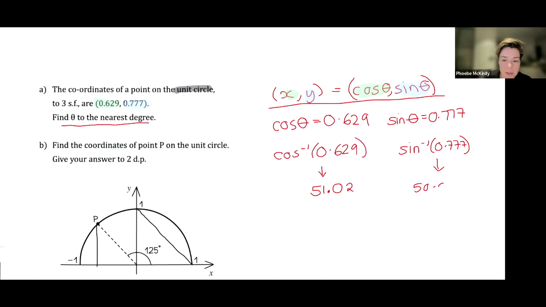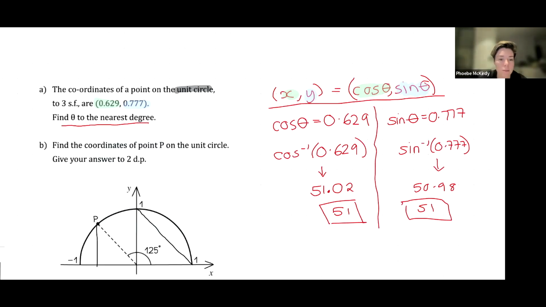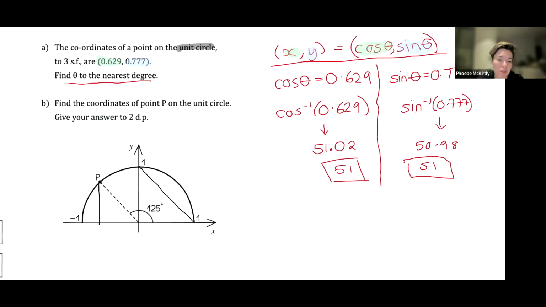Good. And then to the nearest degree, it's 51. So we know the answer is correct there. By the way, with this one, you don't have to use both, but I would always check with both just to make sure that my answer is correct. It just makes sense.